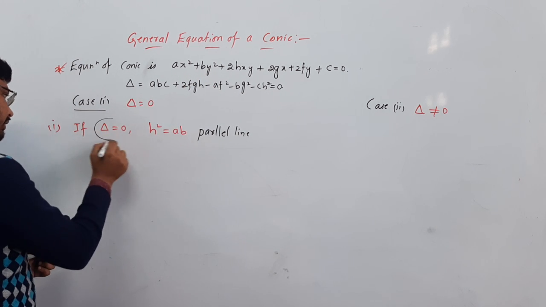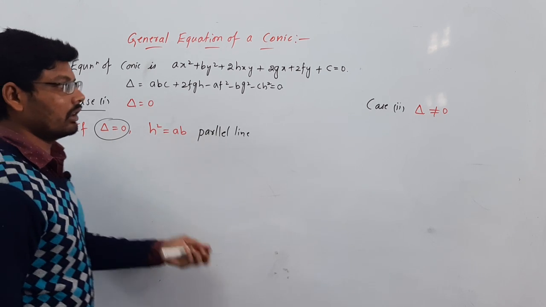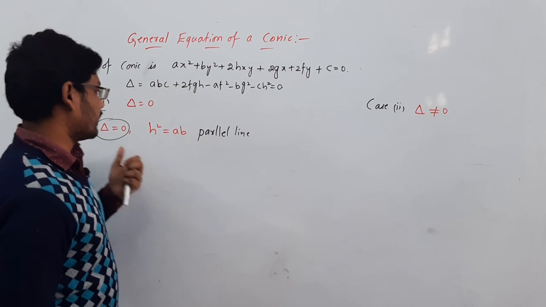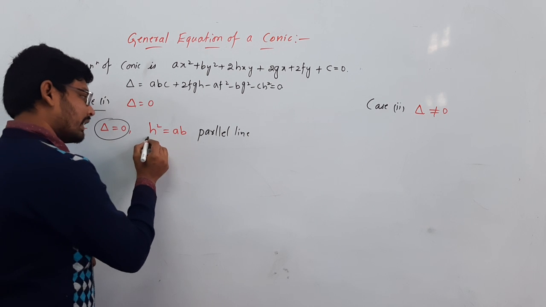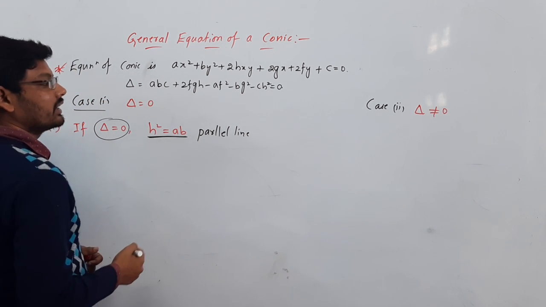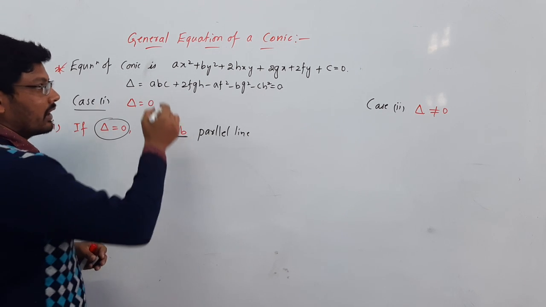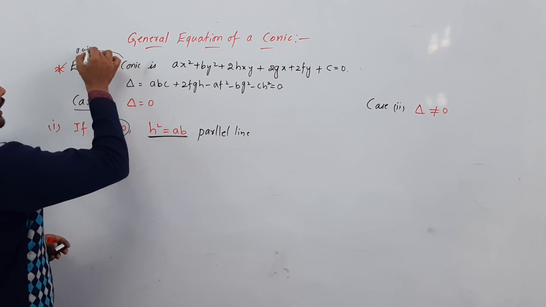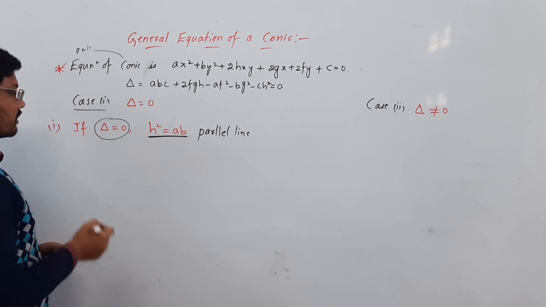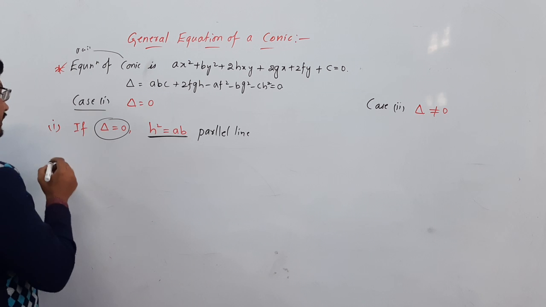First cross check whether the delta value is equal to 0 or not, and if the delta value is equal to 0 and again the condition h square is equal to ab, directly you can say they are parallel. This is the pair of straight lines equation, also we can say pair of straight lines equation. In the next class in intermediate first year we discussed the pair of straight lines.